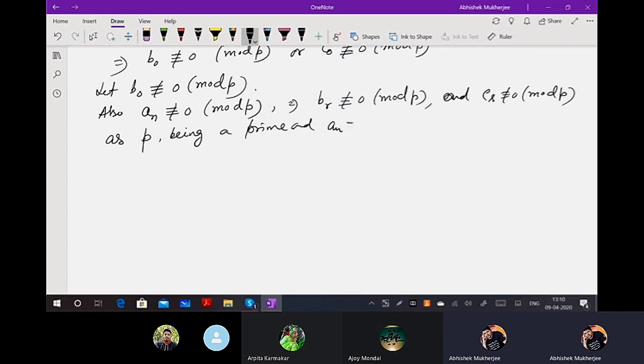So you see that c_s is not congruent to 0 mod p.